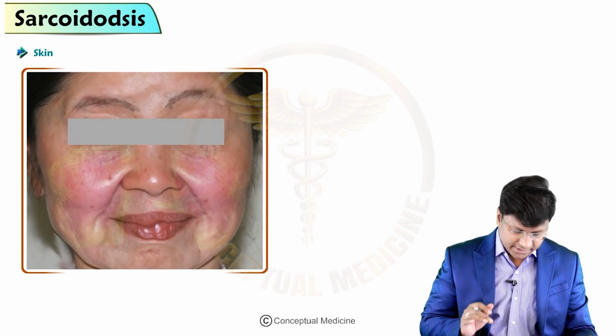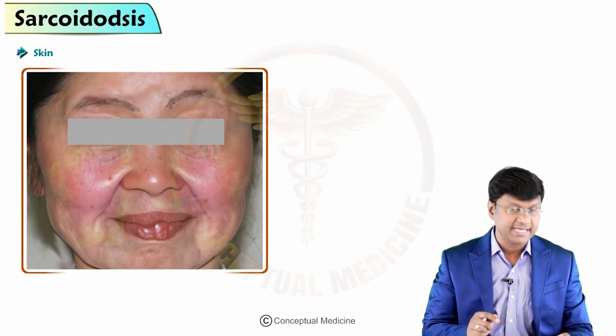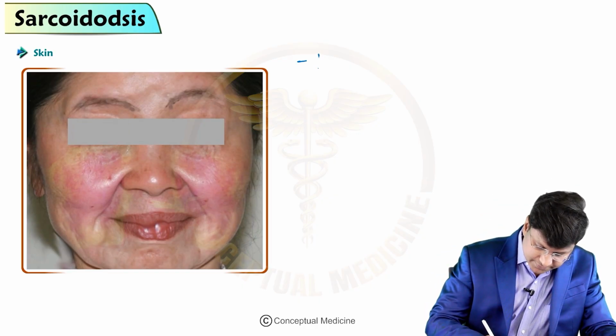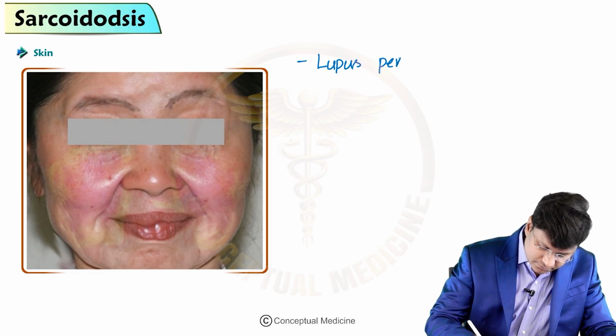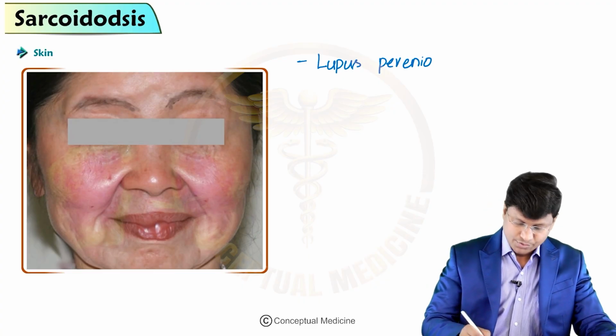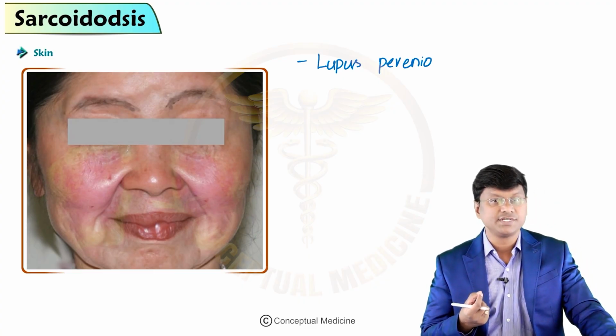Another important cutaneous manifestation you will have in sarcoidosis is lupus pernio. So, what will be the features in lupus pernio?